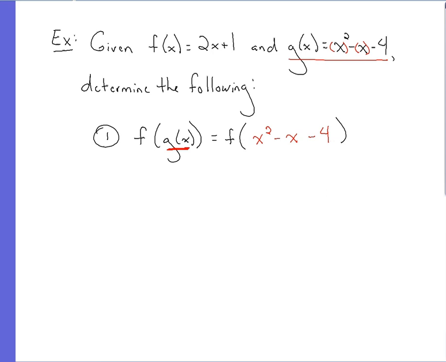Now, I am going to take what's inside here that represents a number. I'm going to go to the function f up here, locate my x's, and plug that expression of x squared minus x minus 4 in. When I plug that in, it's going to be 2 times x squared minus x minus 4, all of that plus 1.